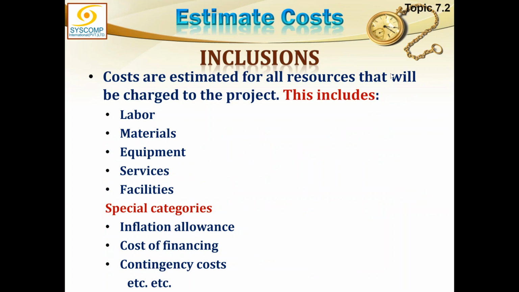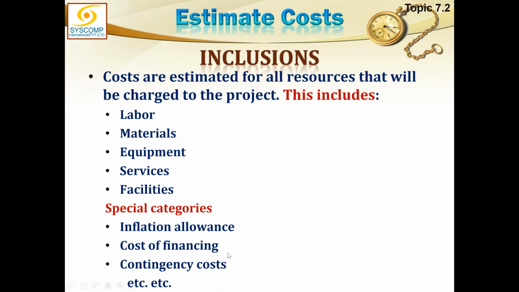Within an activity, you can divide it into further categories of summarization. What should be included and what should not be included? The inclusions are labor, naturally the human resource, materials with raw material and all that, equipment, services, facilities, and maybe sometimes special categories like allowance for inflation, cost of financing, which is the interest you have to pay for loans and everything, and contingencies cost.